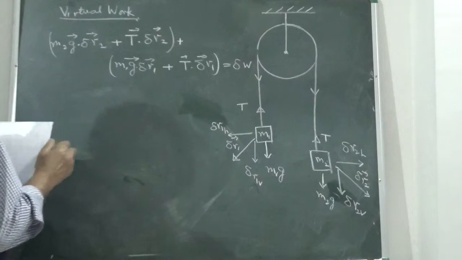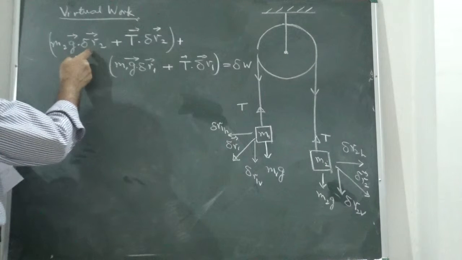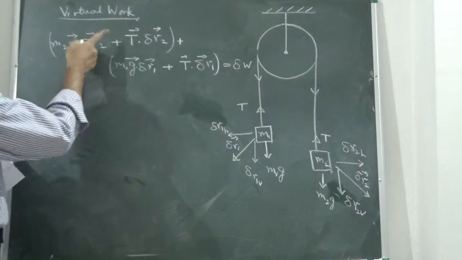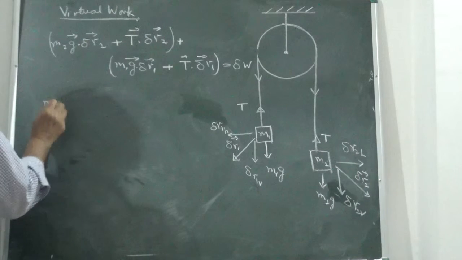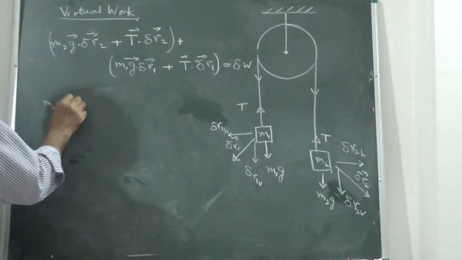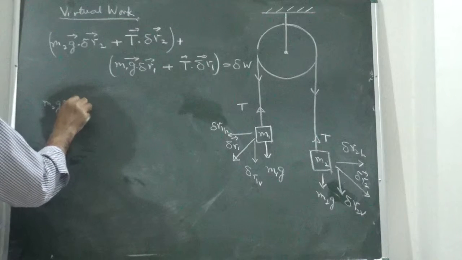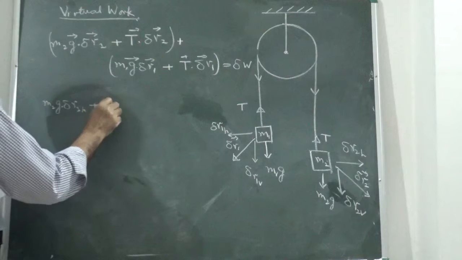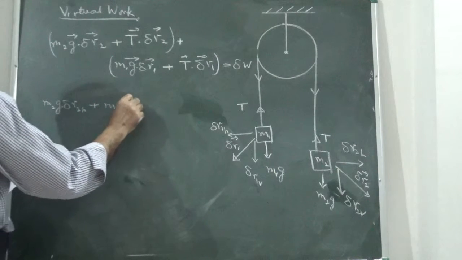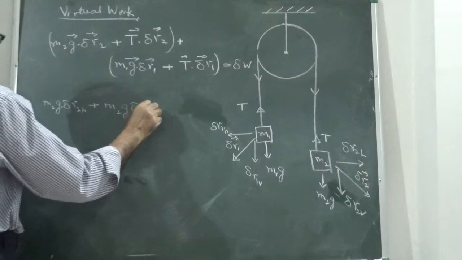Now delta R2 has two components, vertical and horizontal. So it will be M2G dot delta R2 horizontal plus M2G dot delta R2 vertical.